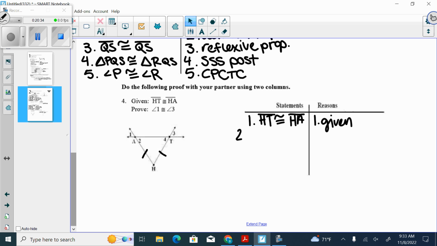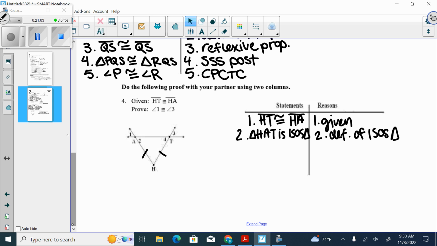Triangle HAT is an isosceles triangle. I'm going to abbreviate isosceles there. We only know that's true because we know the definition of an isosceles is that it has two congruent sides, right? So this is true because of definition of isosceles.